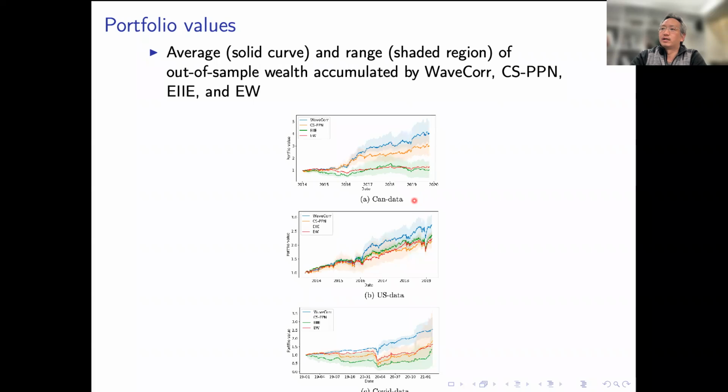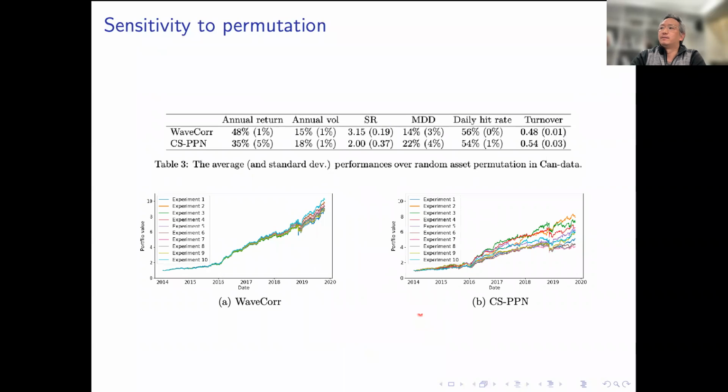This holds for the Canada data, the US data and the COVID data. And interestingly, for the COVID data, the outperformance is most obvious. And this is a demonstration of the sensitivity to permutation. You can see that for the other paper with a straightforward, naive extension of the WaveNet, just by permuting the way you input the data, the result can vary significantly.